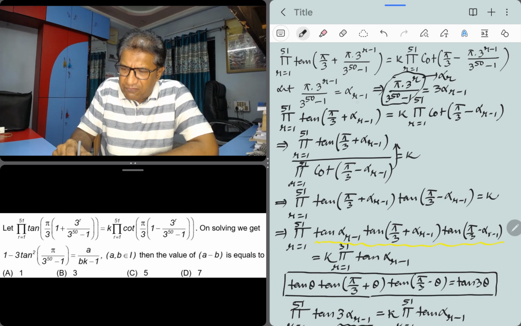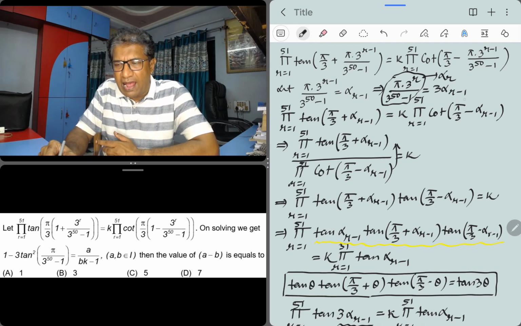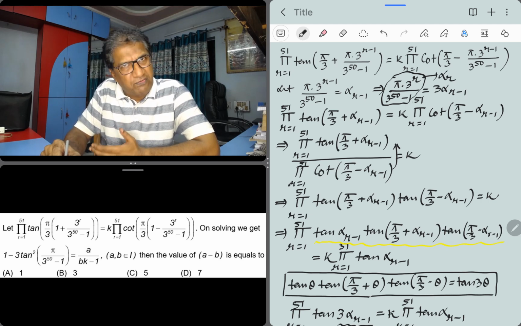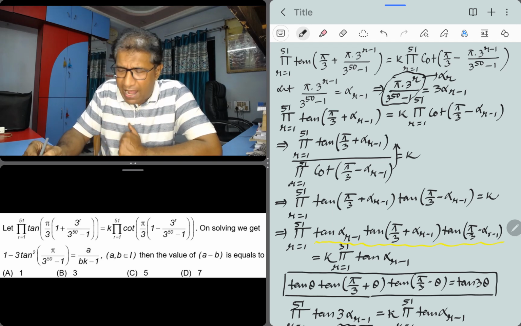Because alpha suffix r minus 1 is pi 3 to the power r minus 1 by 3 to the power 50 minus 1. So 3 times alpha r minus 1 is pi into 3 to the power r by 3 to the power 50 minus 1, which can eventually be written as alpha suffix r.